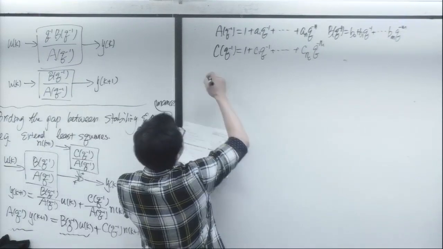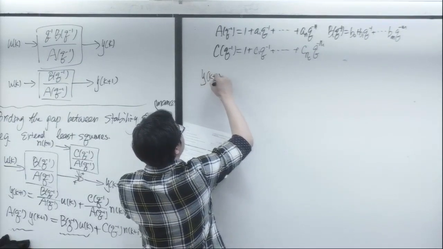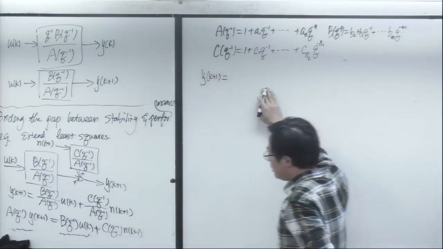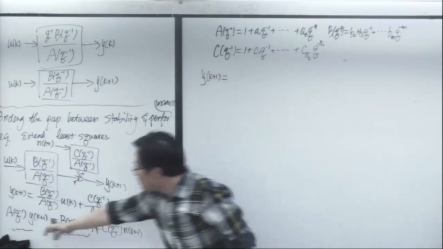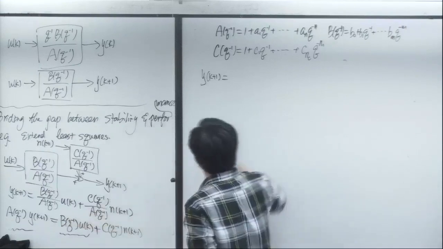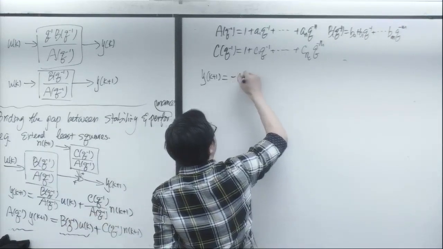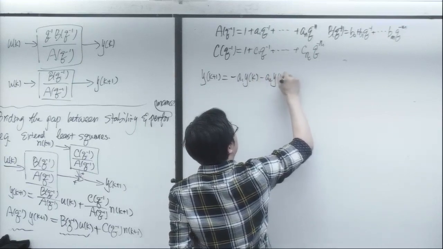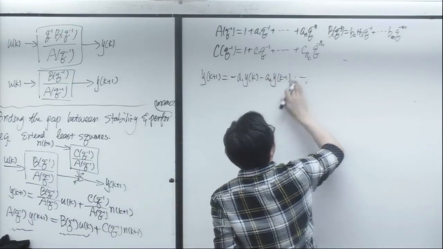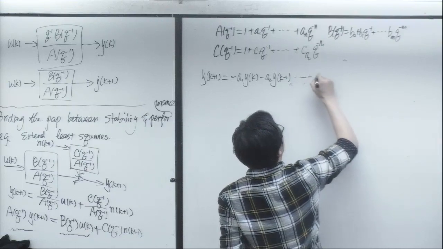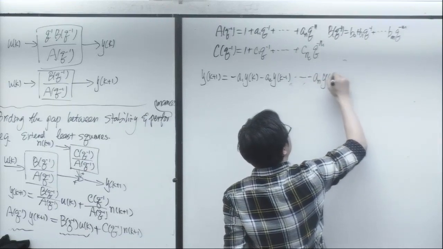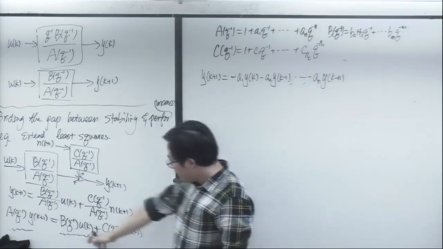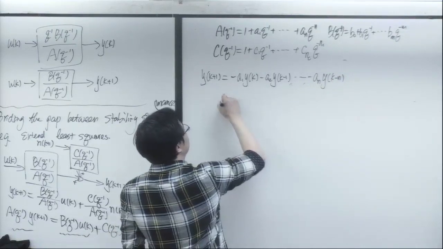Now, let's write out y k plus 1, how it equals the rest. The first two parts will give us exactly the same thing, so you can expect negative A1 all the way to A N. Then the right-hand side is standard.